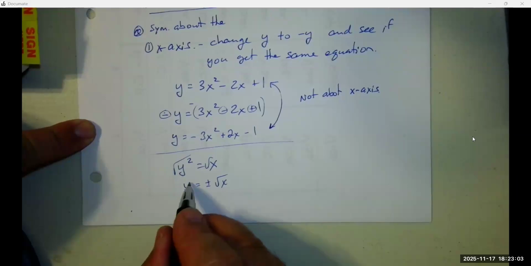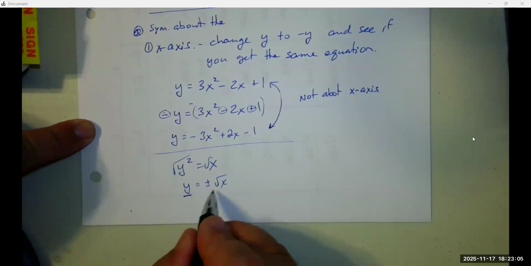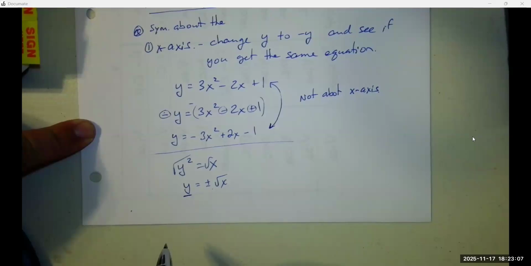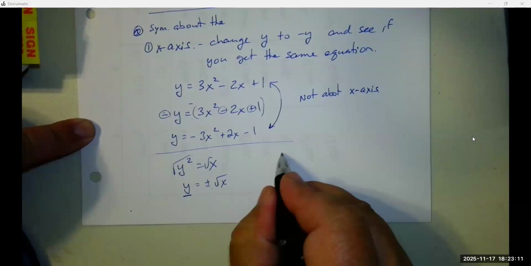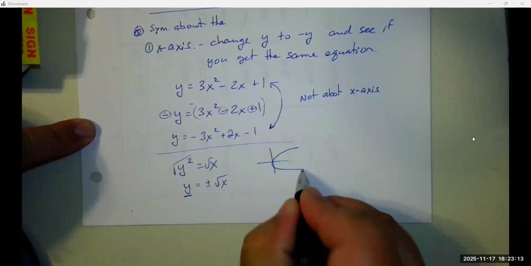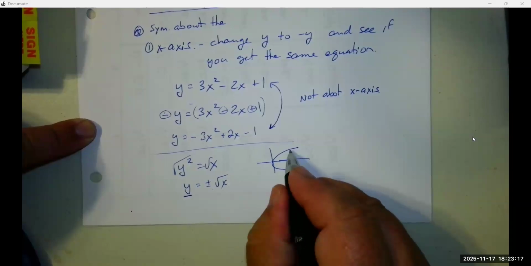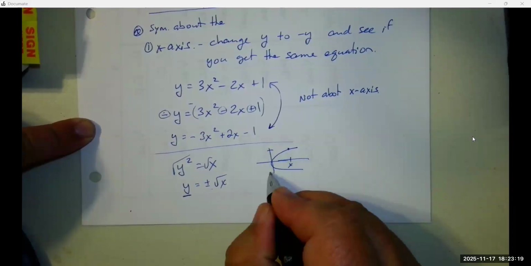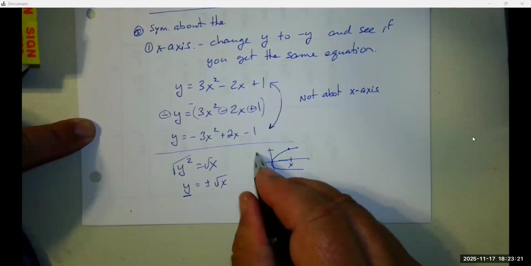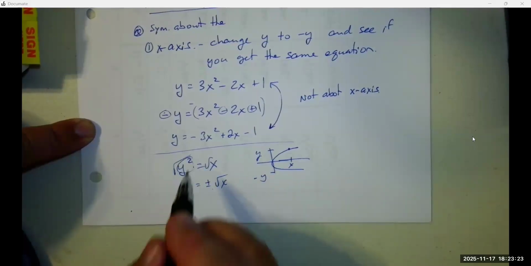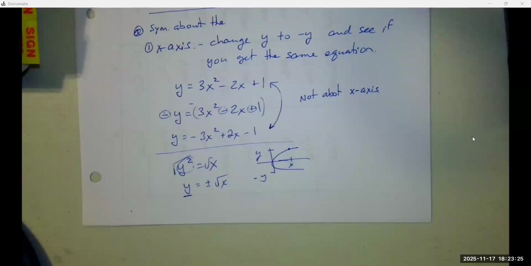So that means there's one y value for two x values. This equation would look like this. So for whatever x you give me, I have a positive and a negative y. And it doesn't matter because the squares take care of it.